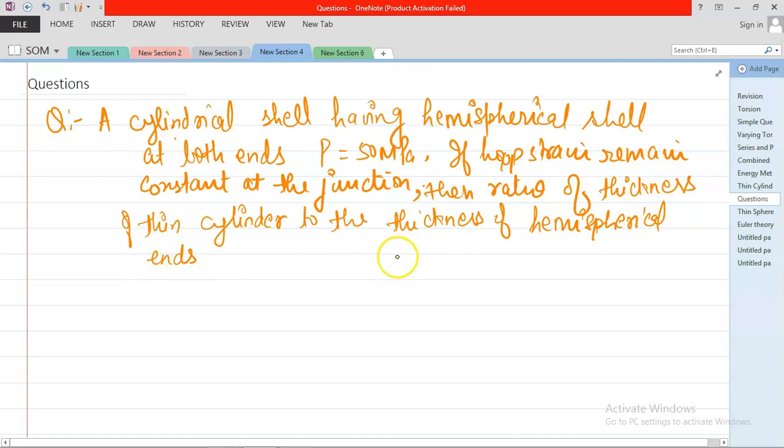Your E value is 200 gigapascal and your mu value is 0.3.